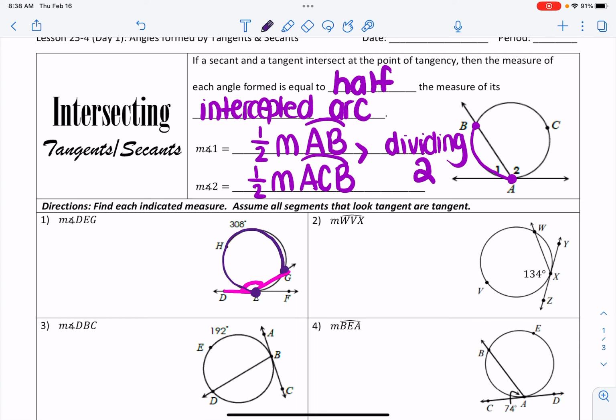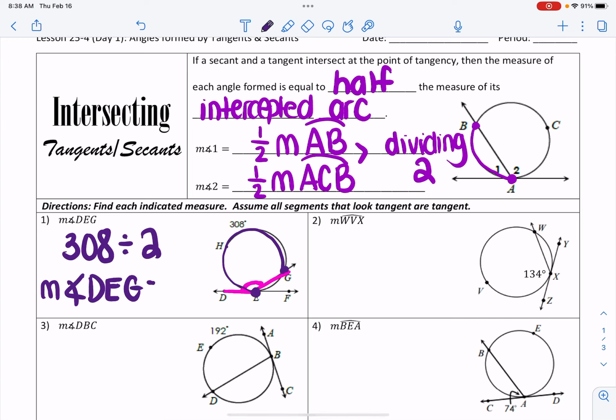So that's going to be 308. To find the measurement of the angle, you can think of it as multiplying by 1/2 by that arc, or dividing by 2. Either way, you're going to get the same answer: the measurement of angle DEG is equal to 154. So that's for the first one.